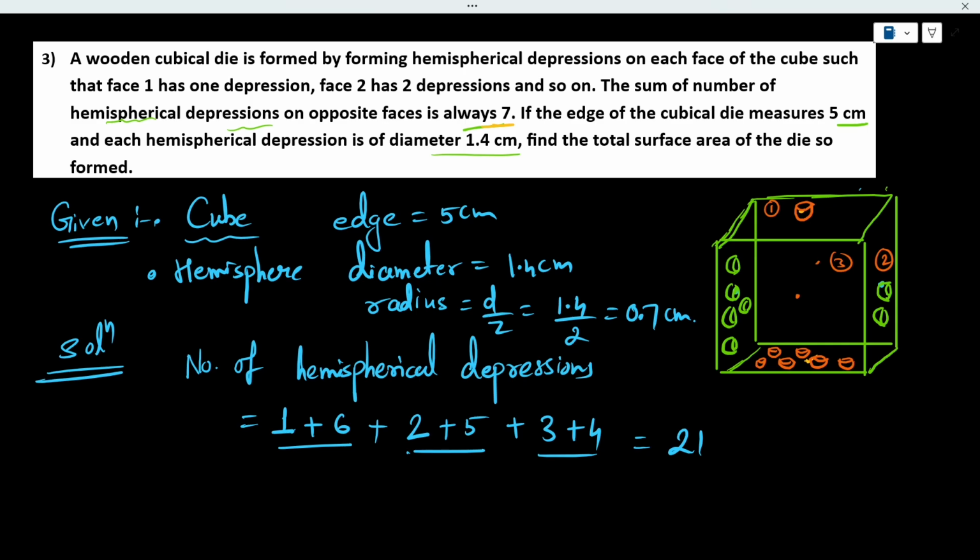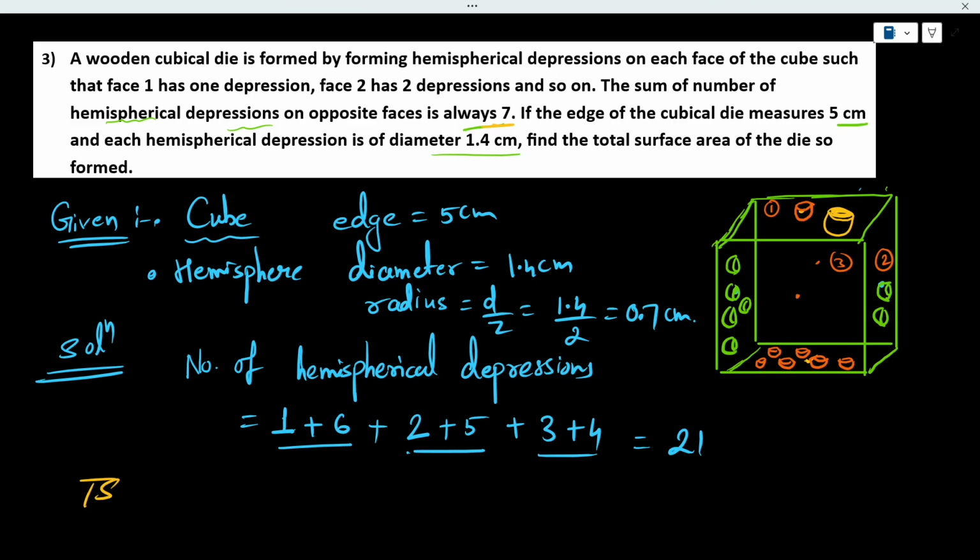You will take the total surface area of a cube, and you have to remember the top face, because if I draw a hemisphere, what is the top face of the hemisphere? It's a circle, right?